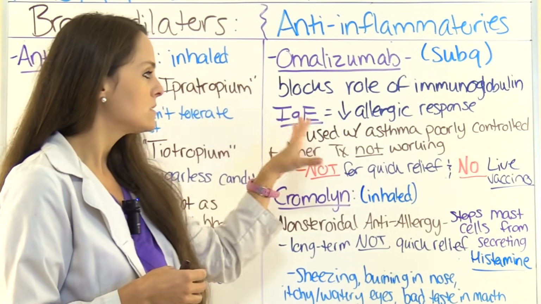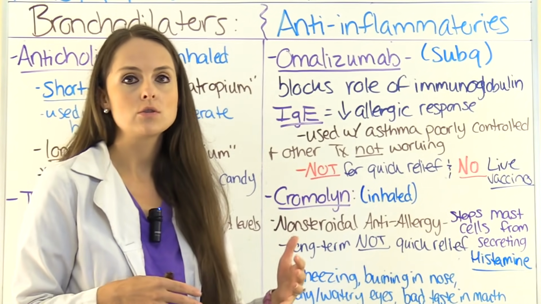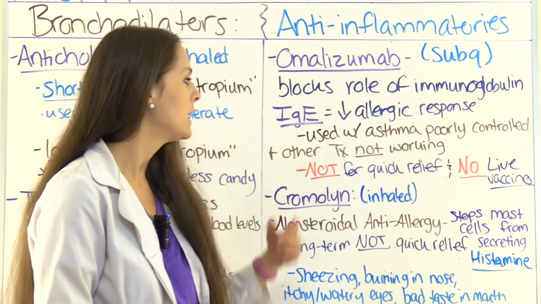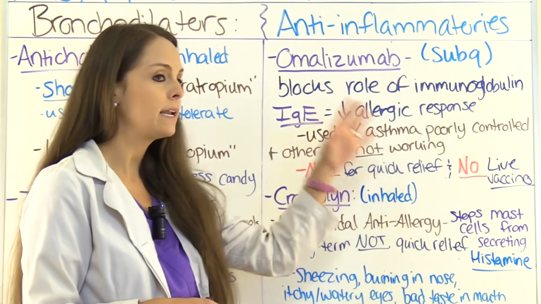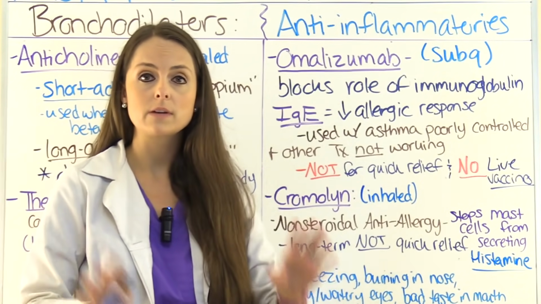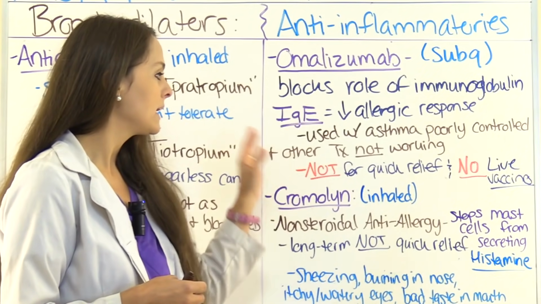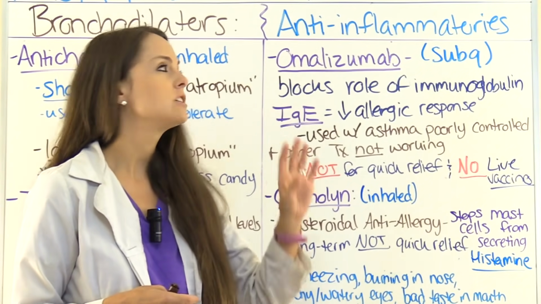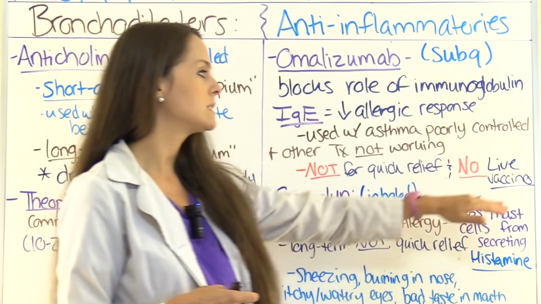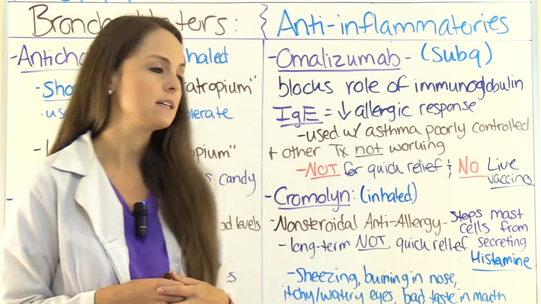Now, this drug is used in patients whose asthma is poorly controlled and not being affected by these other treatments we have went over. So in a sense, it's like one of those last resorts. Now, it's not for quick relief, and if your patient is taking this, they need to receive no live vaccines.